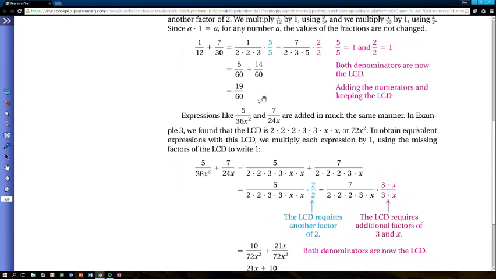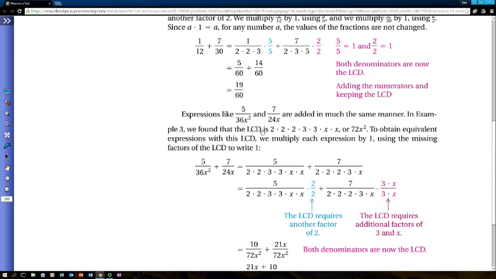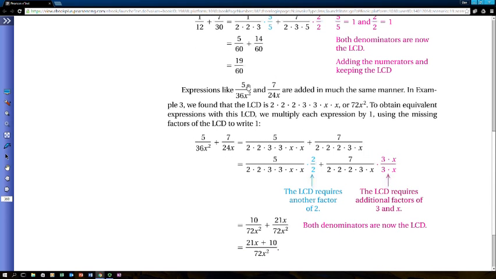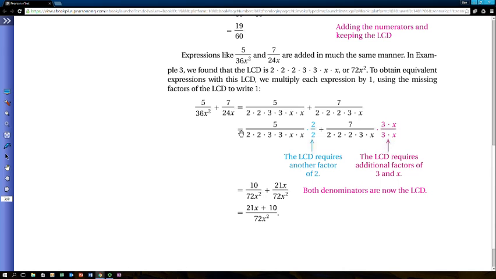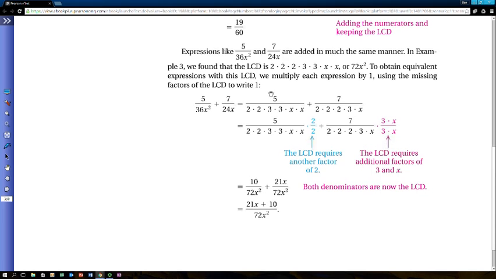So same thing if we have variables. They're going to take an example like this one, 5 over 36x squared and 7 over 24x, and they're going to say, what happens if I add these things? Well, I need to prime factor them, find out what my LCD is, and in this case, we already did this, which is through the prime factorizations, we found out it is 72x squared.